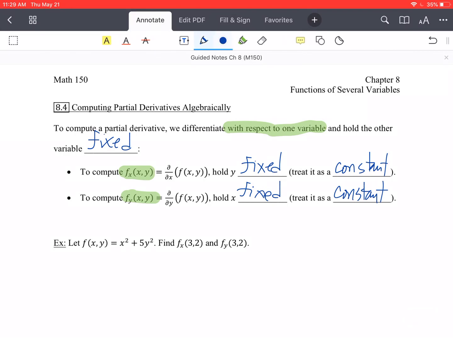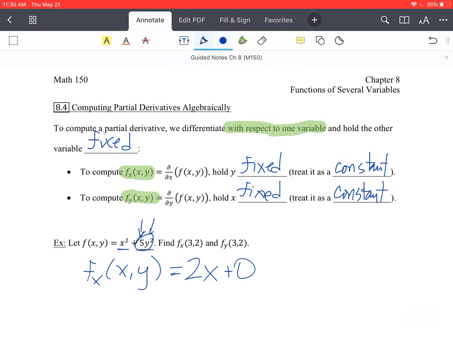So let's look at this example down here. Hopefully this will give you a good idea of what we're doing. For fx of x, y, if we take the derivative with respect to x, so x is the variable, y is a constant, the derivative of x squared is just 2x. The derivative of 5y squared, well, 5 is a number, y is being treated like a number, a constant, so this whole thing is just one big constant, and the derivative of a constant is 0.